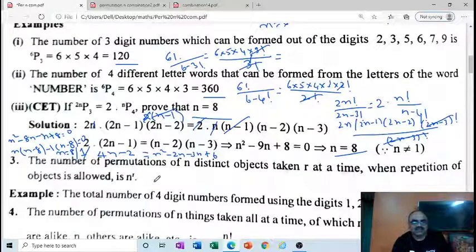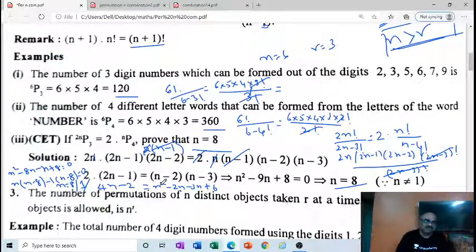Last one important term I would like to give in this first intro. The number of permutations of n distinct objects taken r at a time when repetition of the objects is allowed. See, till now I spoke about non-repetition. If I say repetition of the object, I repeat it n number of times.